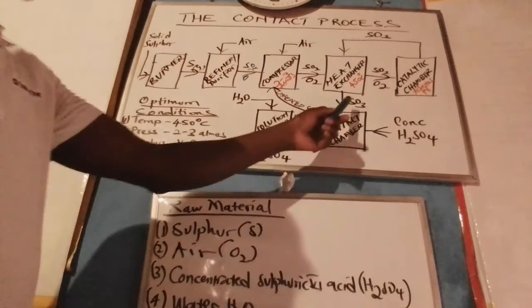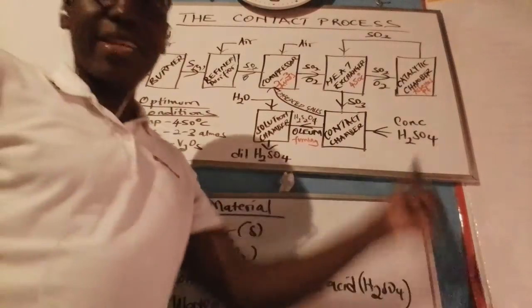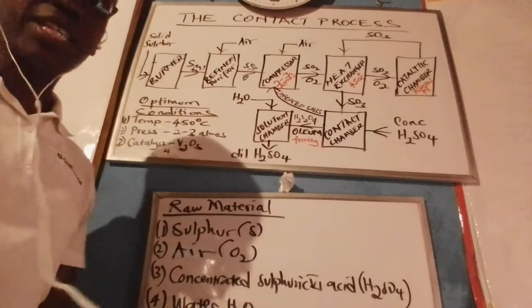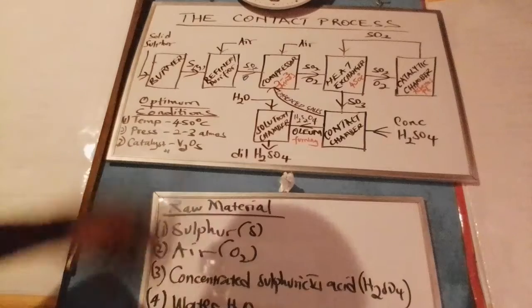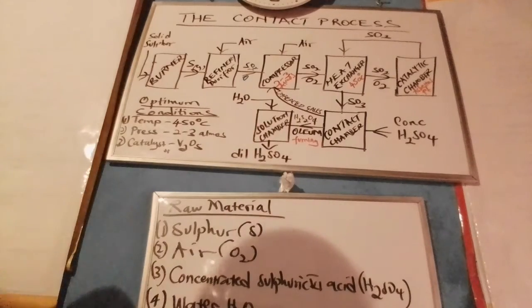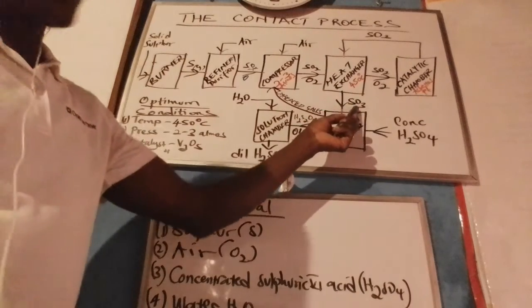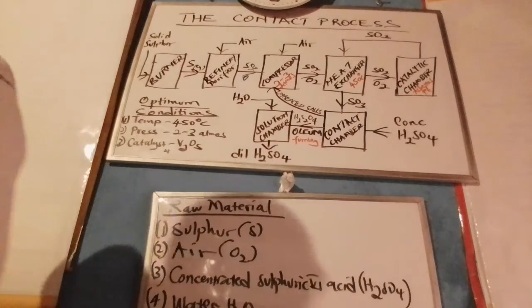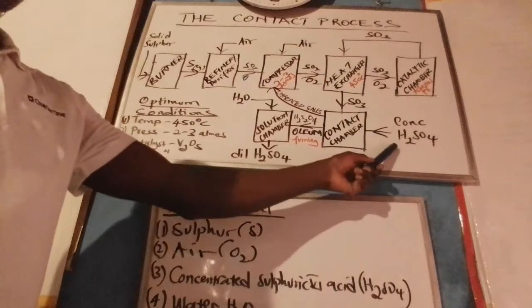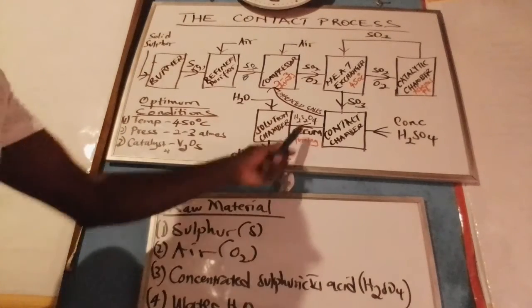Now, once the sulfur trioxide is confirmed, it is transferred into the contact chamber, where instead of meeting water, it meets concentrated sulfuric acid, and it is transformed into oleum. Once oleum has been formed, the unreacted gases from the contact chamber are transferred back to the compressor, and the cycle continues just to produce a subsidiary composition of sulfur trioxide, which again is put into contact with the concentrated sulfuric acid to form oleum.